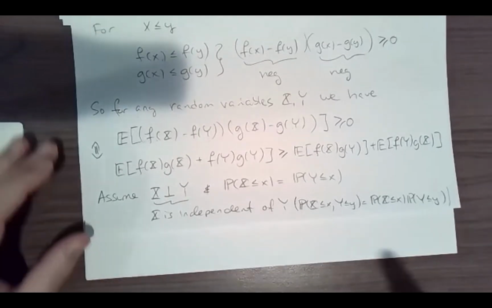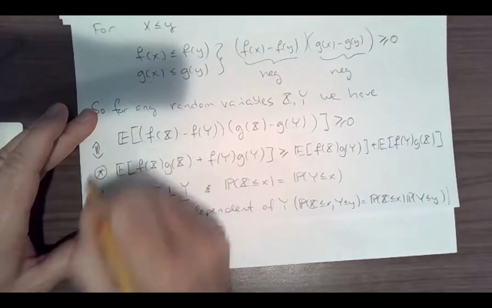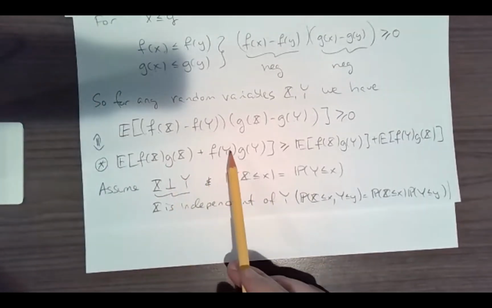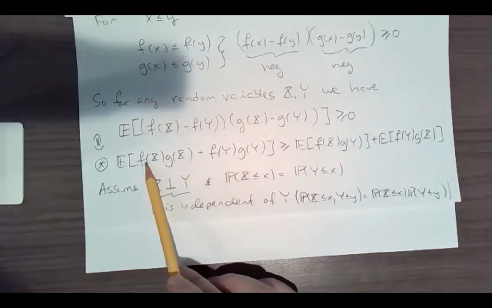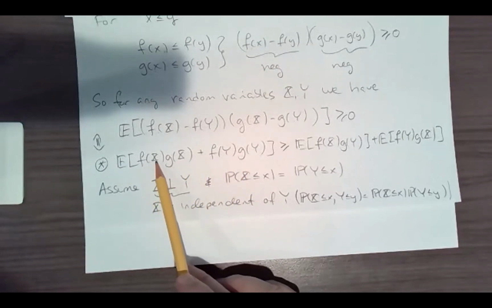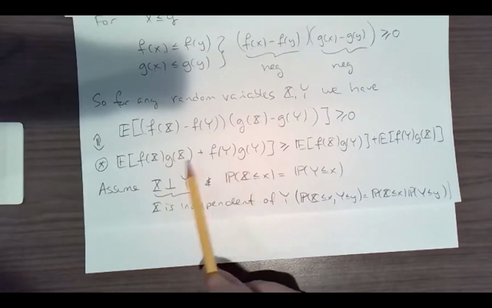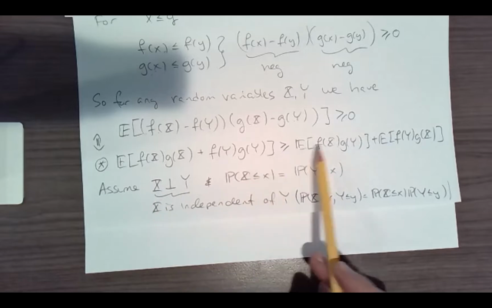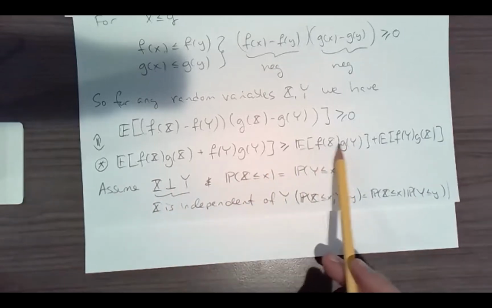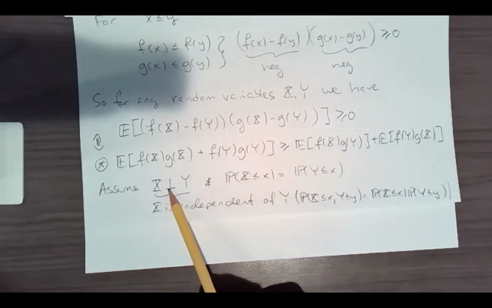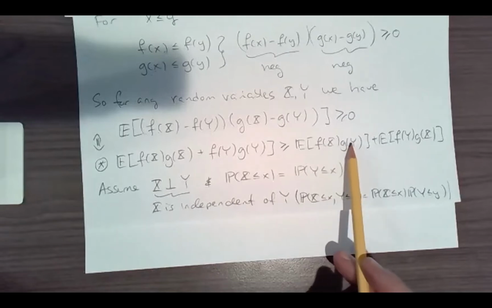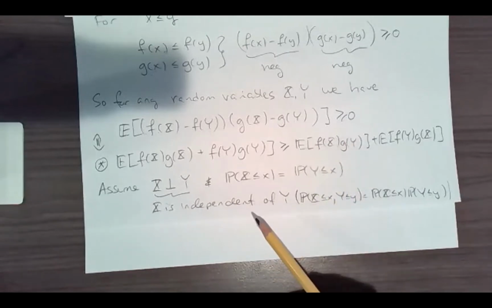Then this quantity here is going to simplify, because if you have the same distribution, then on the left-hand side, whether I write x inside the expectation or write y inside the expectation, is going to be the same because they have the same distribution. And now over on the right-hand side, I have expectations of products, so then I can use the independence, and that says that the expectation of a product of independent variables is equal to the product of the two expectations.